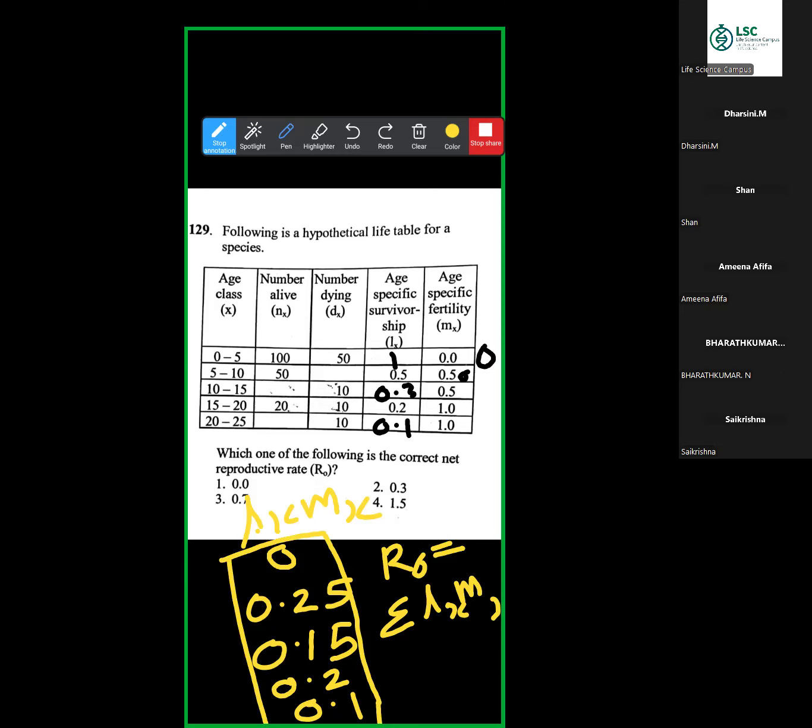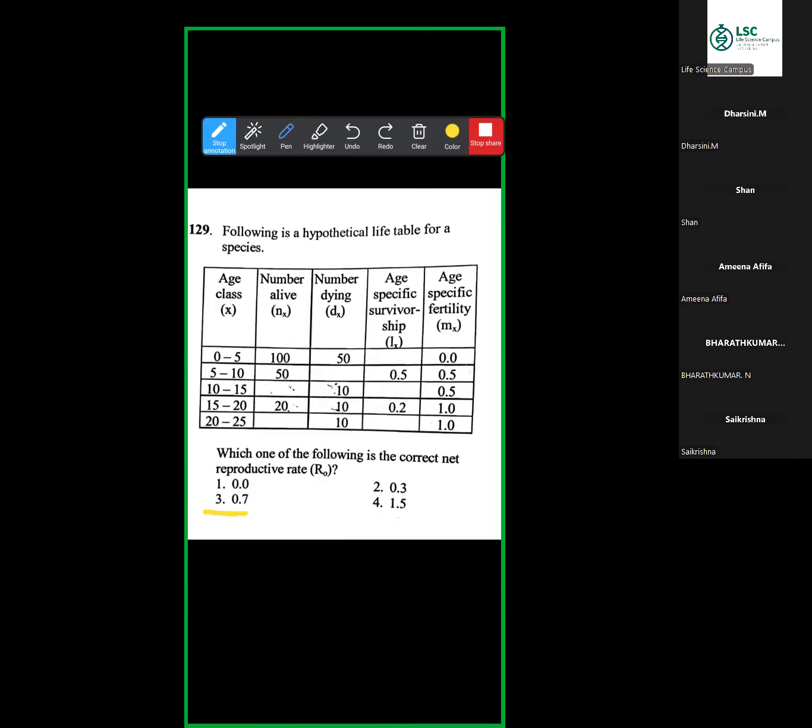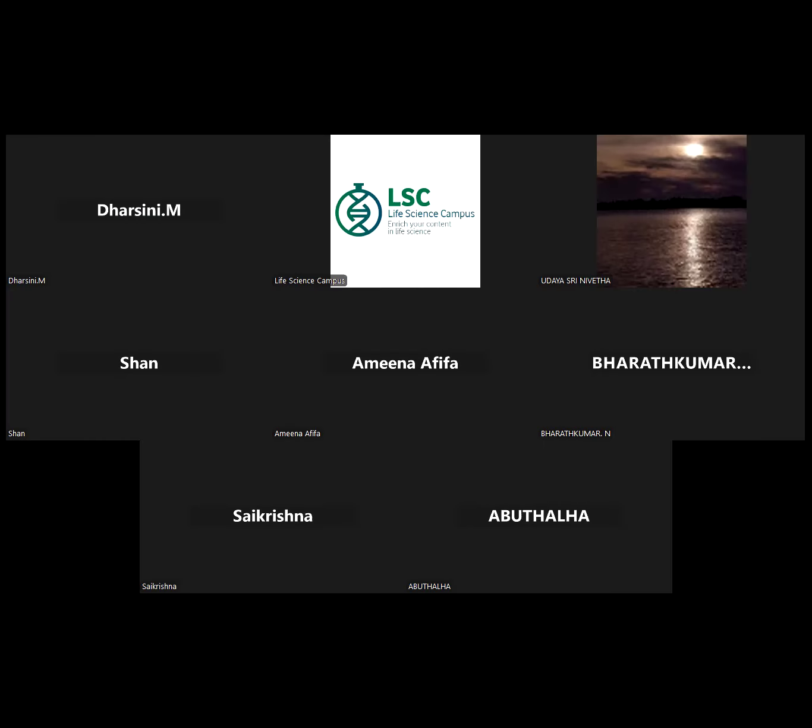So the answer will be 0.7. Is it clear? Is there any doubt?